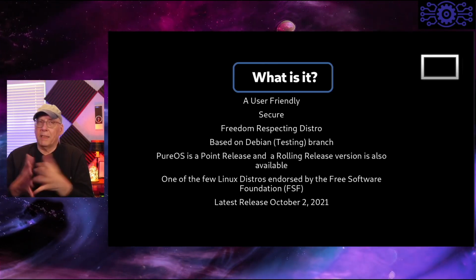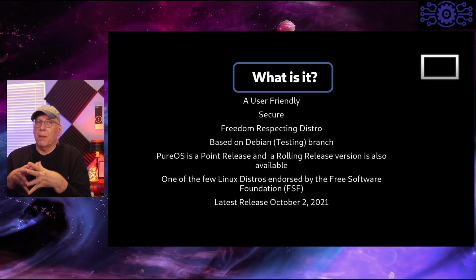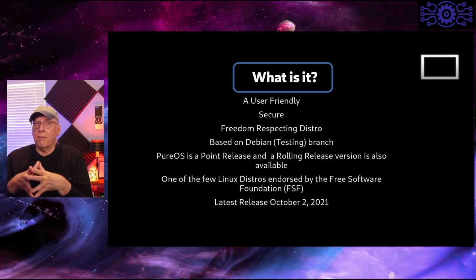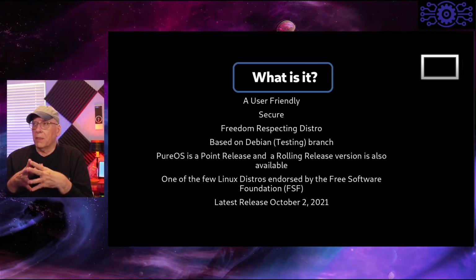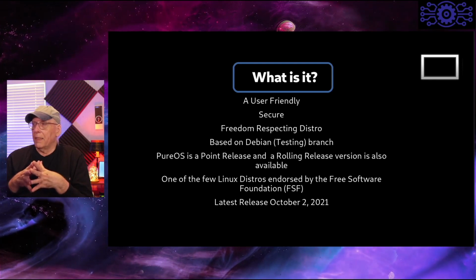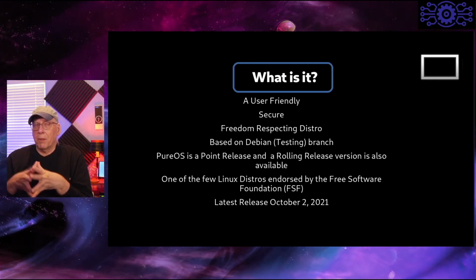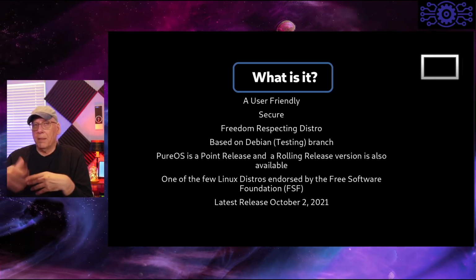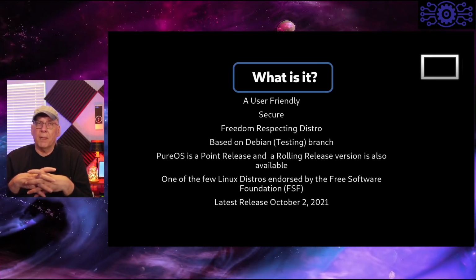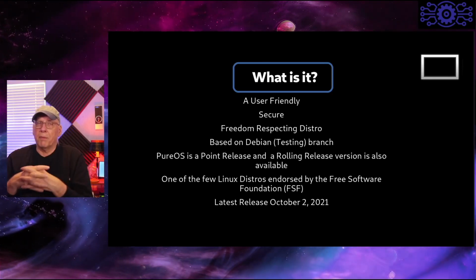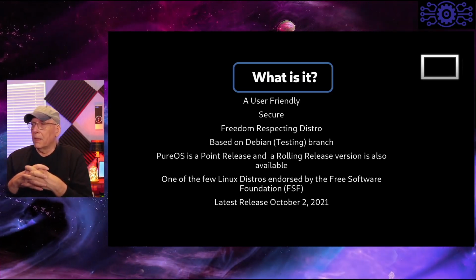So they decided to go for more stability at the expense of being current. They started this new feature called the point release, which version 10 is a member of. There is a rolling release version that's available as well. So if you want to continue down the train of doing a rolling release schedule, you can do that by just changing the repos back over to the testing branch.